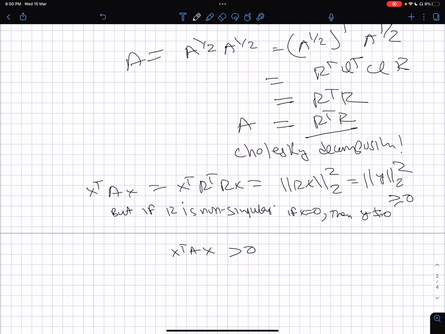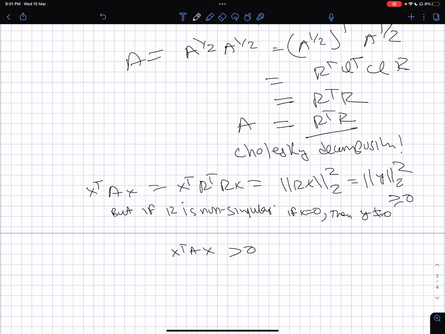So if A is an SPD matrix, R transpose R exists. If R transpose R exists such that R is non-singular, then automatically it follows that A is a positive definite matrix. So the way to check positive definiteness of a matrix is not through eigenvalue calculation.